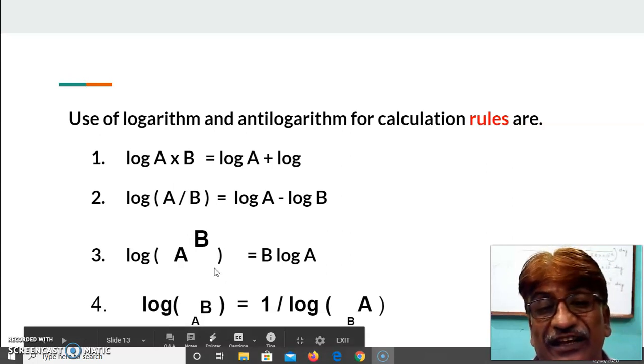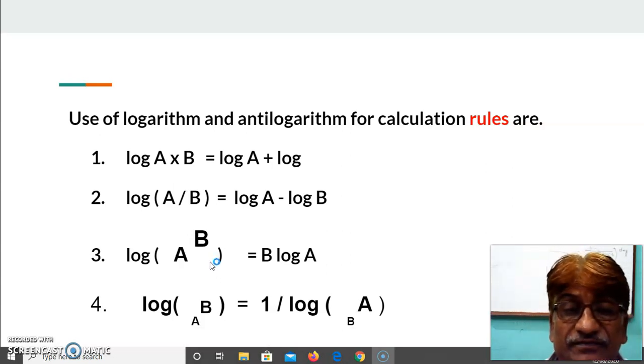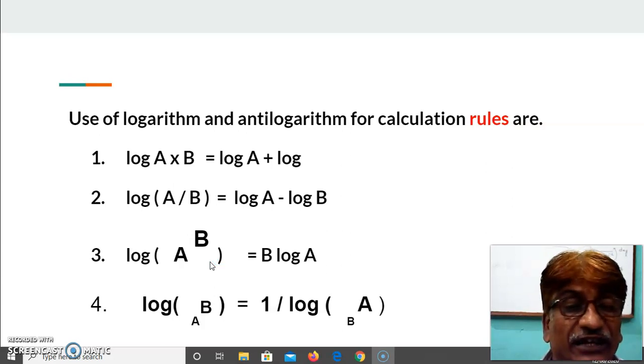This will be seen in the 12th standard. Next, when calculations come, we can convert base E into base 10.